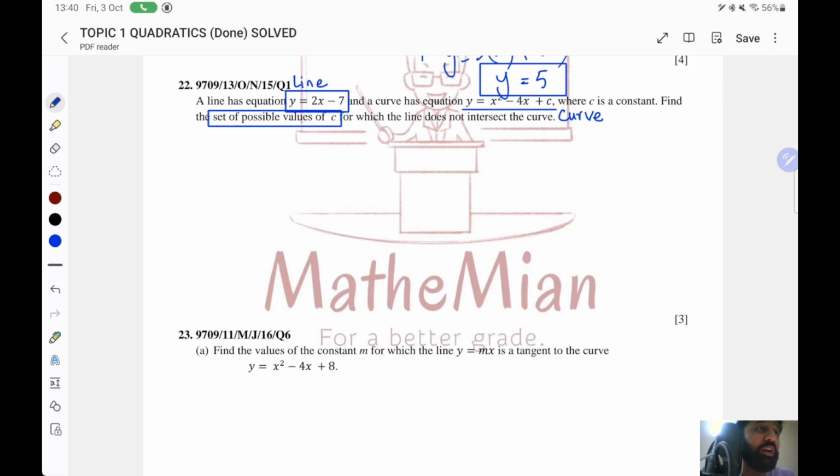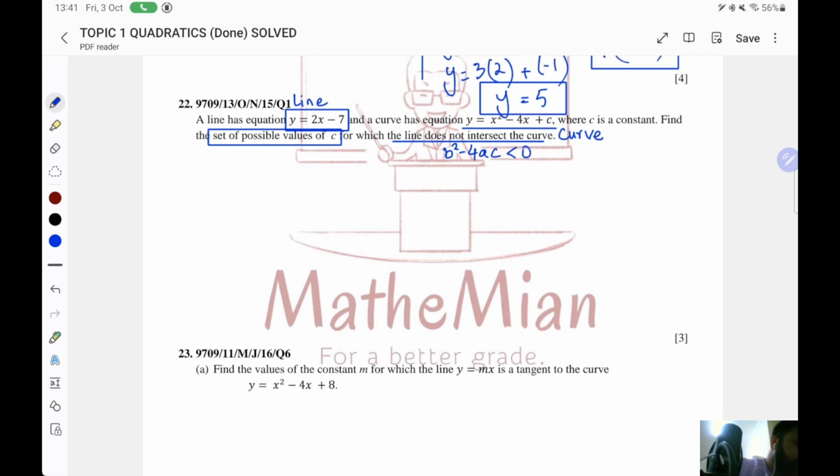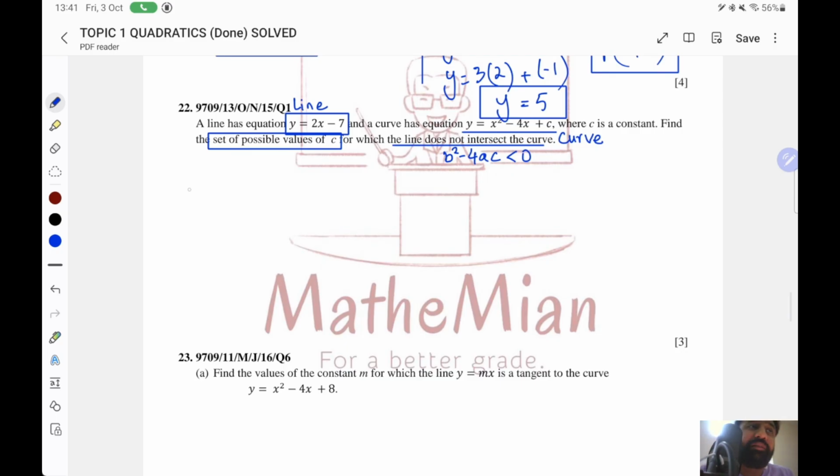So it is going to mean that it is not having one specific value, it is having a range of values for which the line does not intersect the curve. So does not intersect the curve means that b squared minus 4ac will be less than 0. Now first we will find out the point of intersection.